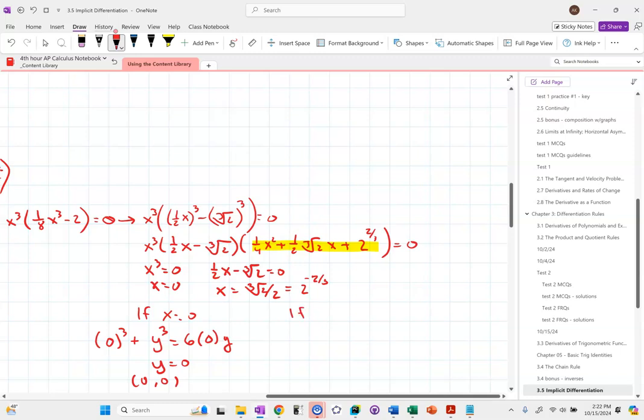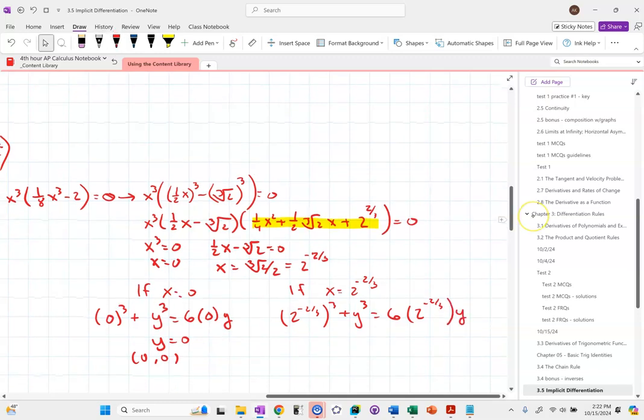And then if x is equal to, I'm going to write it as 2 to the negative 2/3 because that just makes life a lot simpler. So I'm going to have 2 to the negative 2/3 cubed plus y cubed equals 6 times 2 to the negative 2/3 y. 2 to the negative 2/3 cubed is just 2 to the negative 2.